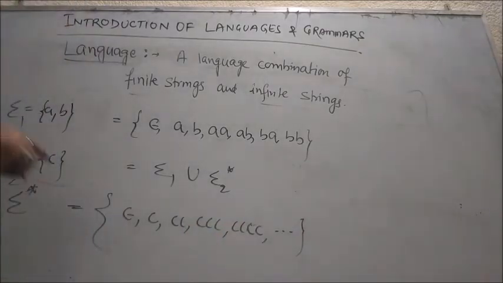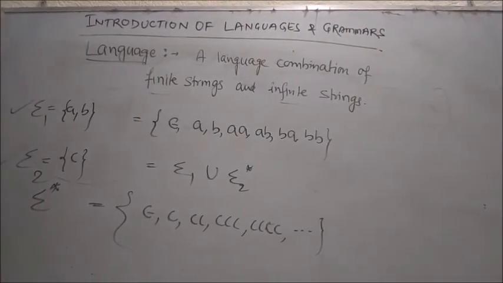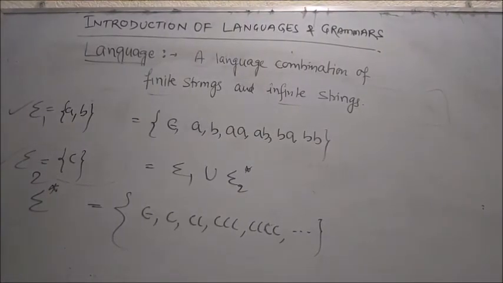So if we take these two alphabets for designing a language, in which the first has two symbols A and B, and the second has one symbol C, but we are taking the Kleene closure, then it is possible that this combination of these two will be treated as a language. But we should make sure of one thing: the language is a set of strings which can be accepted by the given machine.